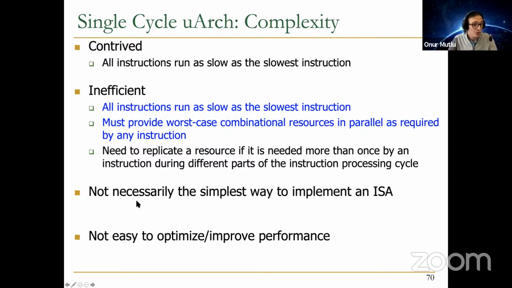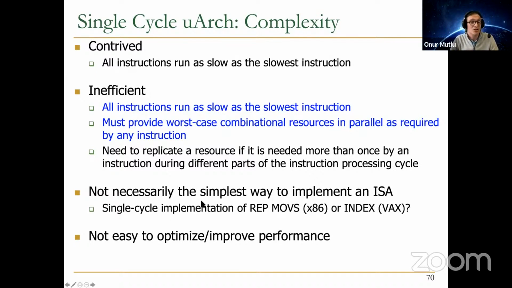Okay, and it's also not necessarily the simplest way to implement an ISA because there are complicated operations in the ISA. For example, rep movs. We did not discuss this, and we're not going to discuss this, but this is a string copy operation in x86. It's a complicated operation. You can actually copy 1 million bytes from one location in memory to another location in memory using just a single x86 instruction. I said 1 million.